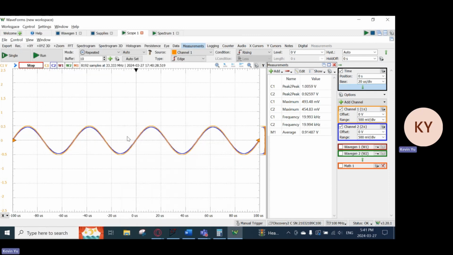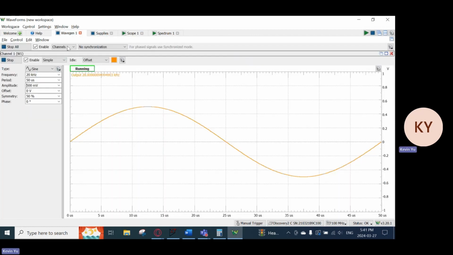Now for the mid-band gain, I'm going to set the amplitude to smaller values. So let's do 250 millivolts, which is around half of the amplitude, and see how it affects the gain.